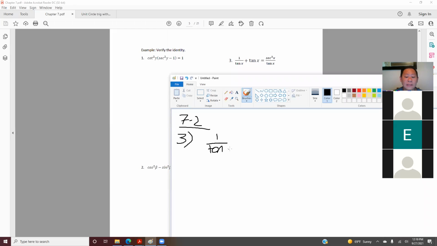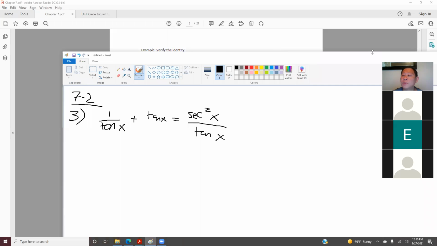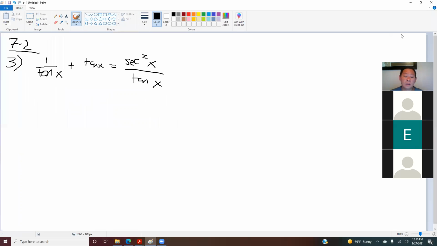Is it the left-hand side or the right-hand side? Ming says start from the left-hand side. Always start from the complicated side. Yes, in your test, make sure you tell me it's the LHS, the left-hand side, or the RHS, the right-hand side. So Ming, since you told me to start from the left-hand side, what can you do here?